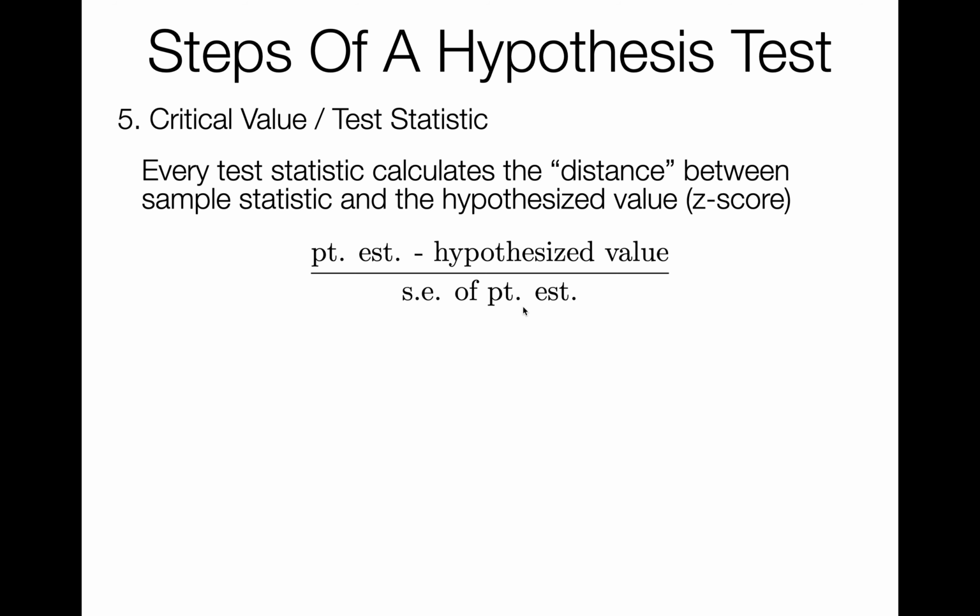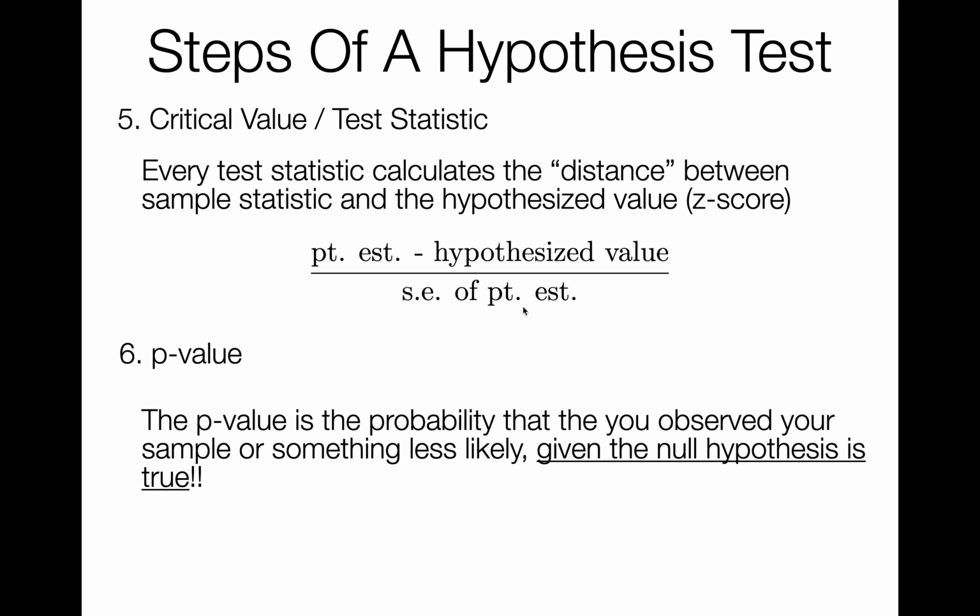So I calculate that z-score, and then step 6, which is maybe the most important step of a hypothesis test, is to calculate what's called a p-value. A p-value has a long and notorious history in statistics. Some people love it, but most people actually hate it. But that's for another class and another time.